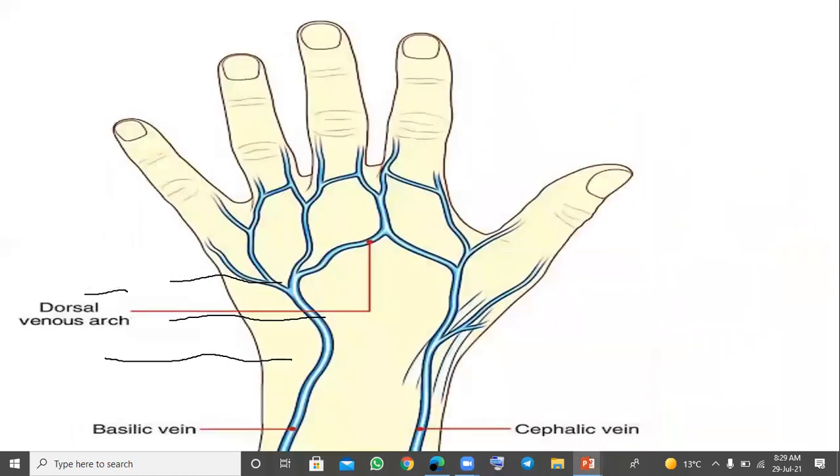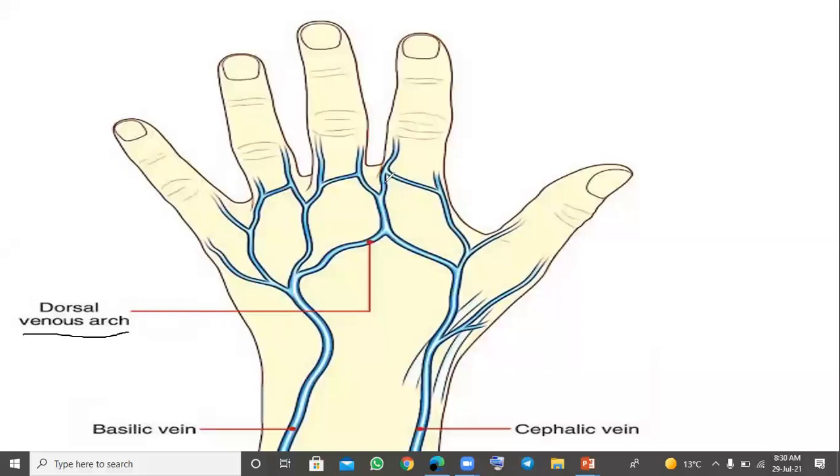So let's look at the venous drainage of the hand. When you look at the posterior aspect, on the dorsal aspect, you have the dorsal venous arch. So you have the dorsal venous arch on the dorsal aspect of the hand. Okay, it has tributaries.